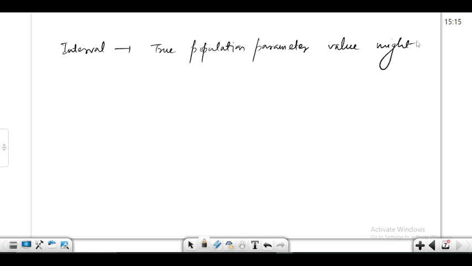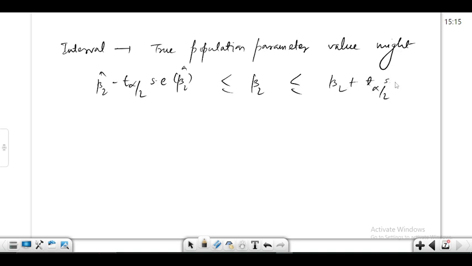So it can lie in this interval: beta 2 hat minus t alpha by 2 into the standard error of beta 2 hat, up to beta 2 hat plus t alpha by 2 into the standard error of beta 2 hat. We had discussed how we create the t values, and we make use of the standard errors of beta 2 hat to estimate this interval.